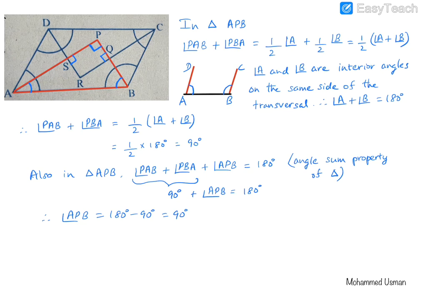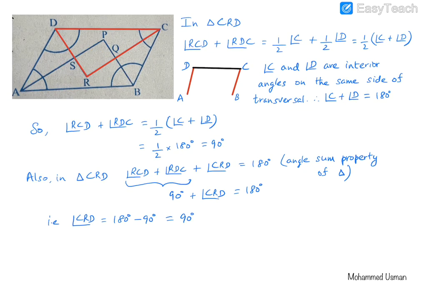Now let's look at the fourth triangle in this figure and find the fourth angle of the quadrilateral PQRS. So the fourth triangle that we are going to look at is the triangle CRD, again highlighted in red here.